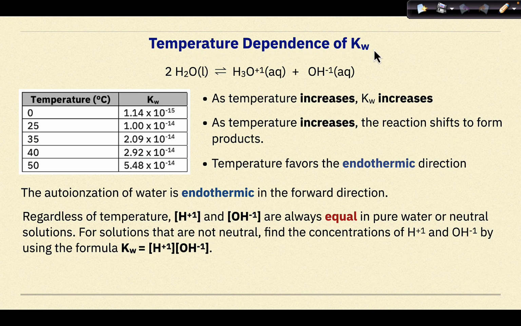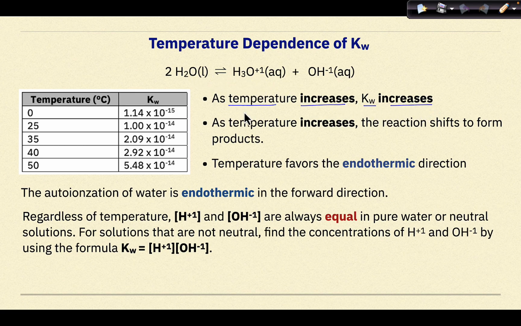Temperature dependence of Kw. Let's start out by looking at the auto-ionization of water, represented as 2 moles of water forming hydronium ions and hydroxide ions. This table shows the relationship between temperature and Kw. The pattern that we can see looking at this table is as temperature increases, our Kw is going to also increase.